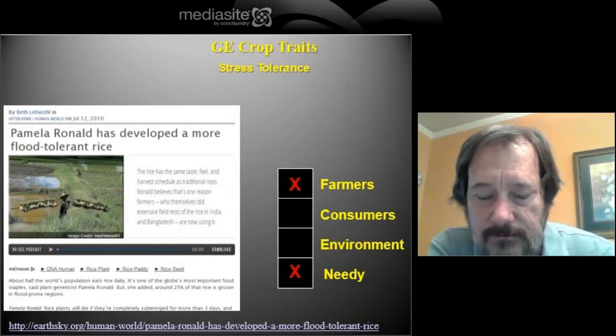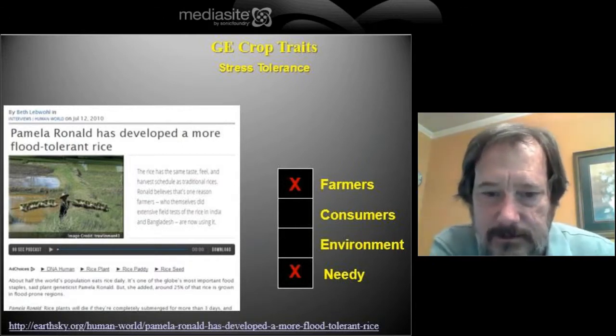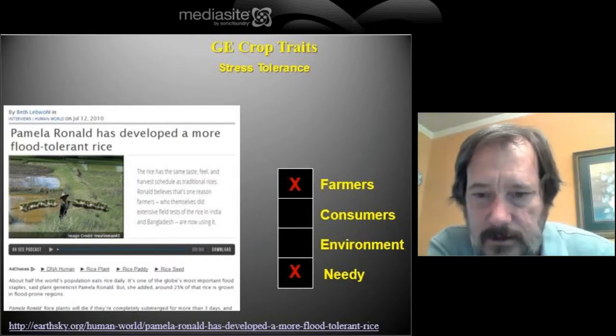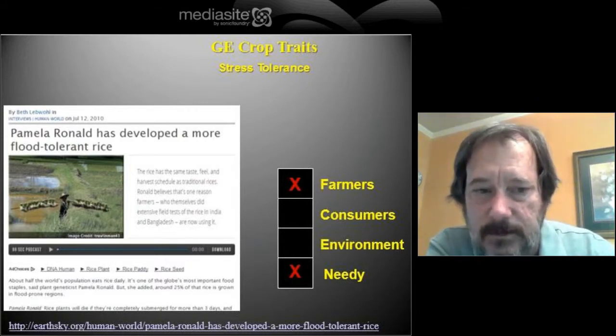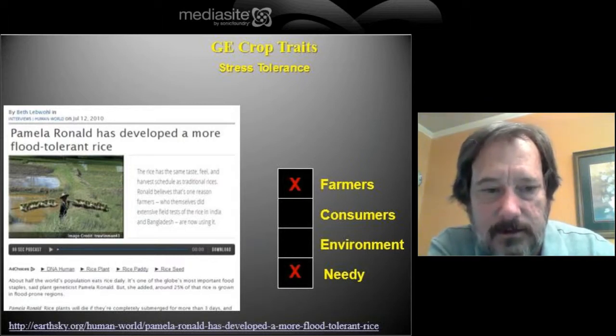So if you could flood it for a longer period of time, that would be not only a benefit to areas like Bangladesh that maybe have floods that they can't control, but to organic farmers in the United States, because they could have a longer period of weed control using flooding, as opposed to very limited tools that are available to control weeds in organic production.